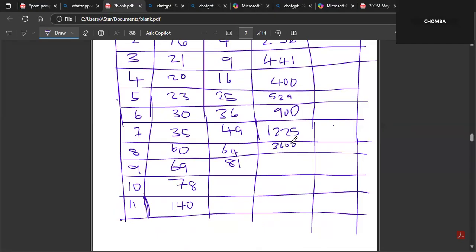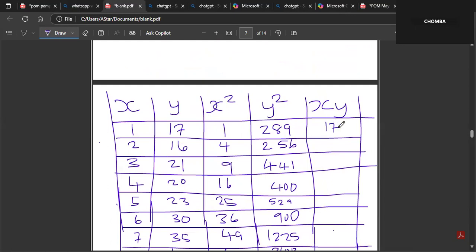The 9 square, 4761. 78 square, 84. 140 square, 19.6. Then this is 100, 1.1.